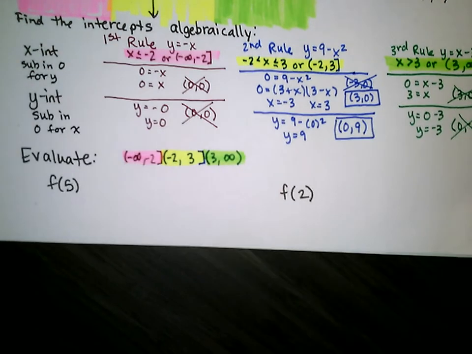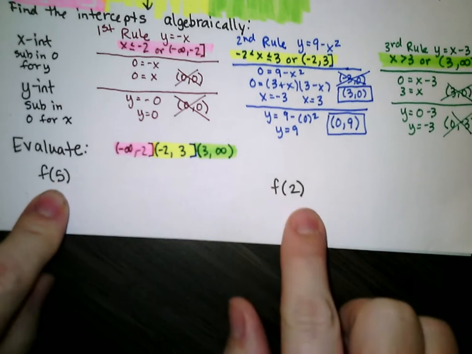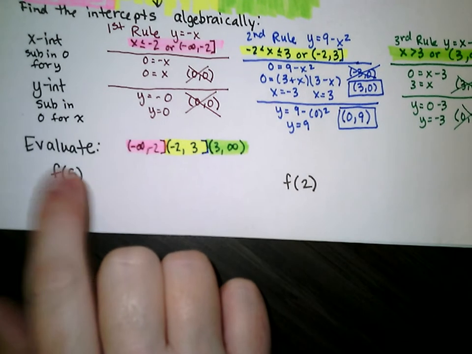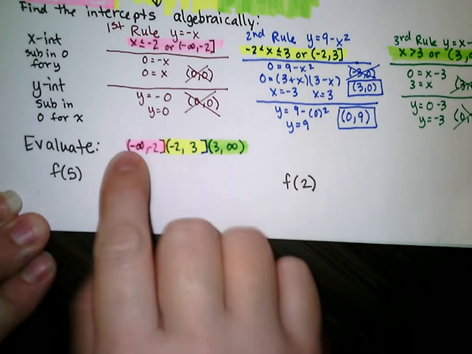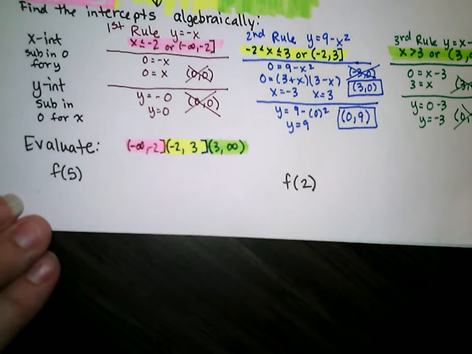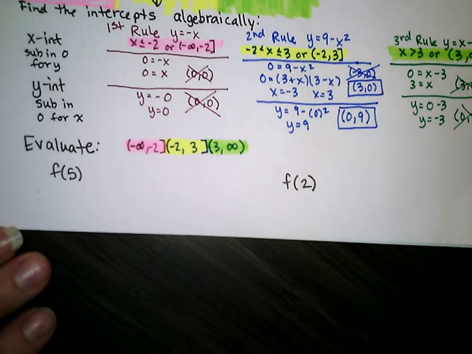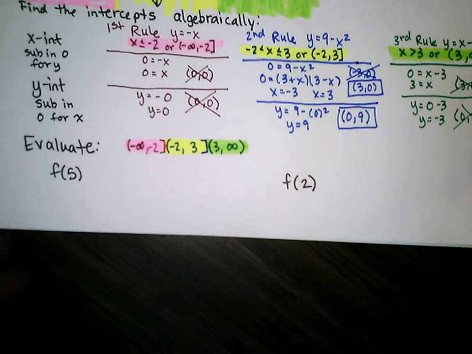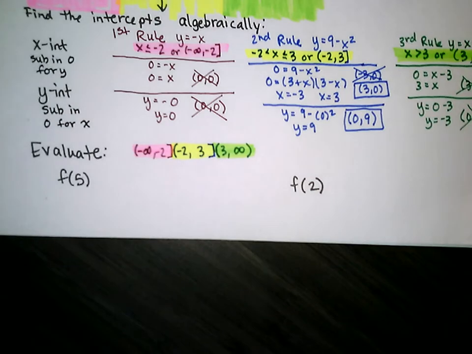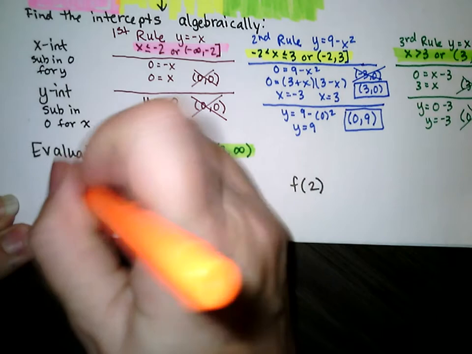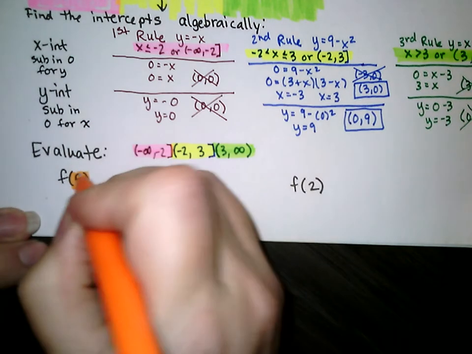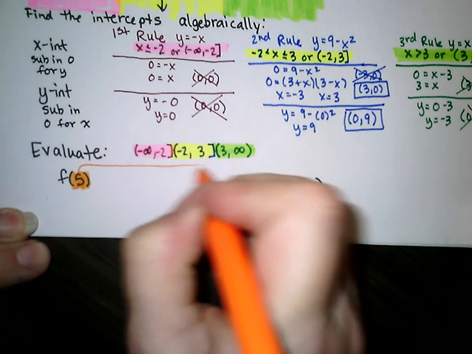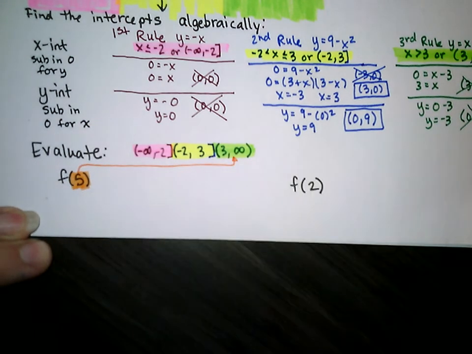Okay. So when we are asked to evaluate a function, what we want to do is look at where this x value lies within our zones, and then we'll only substitute into that particular zone. So looking at f of 5, 5 would be over here in this green zone.